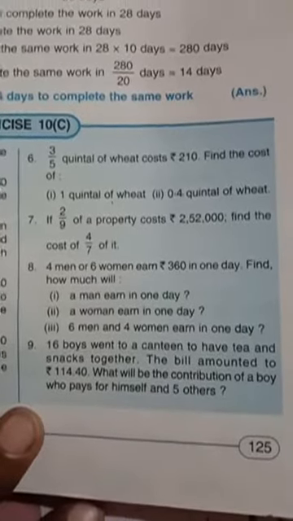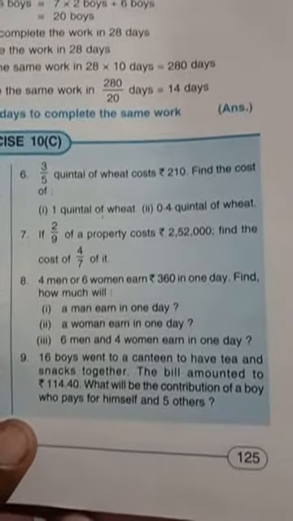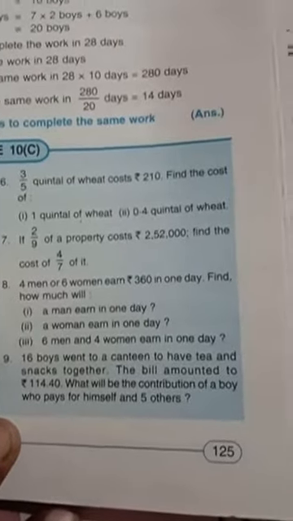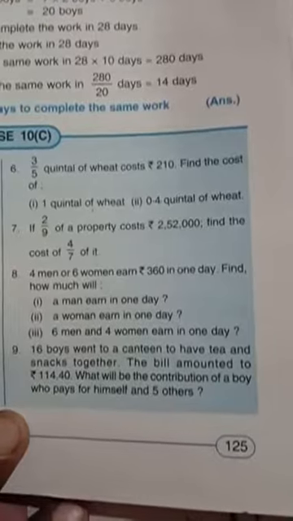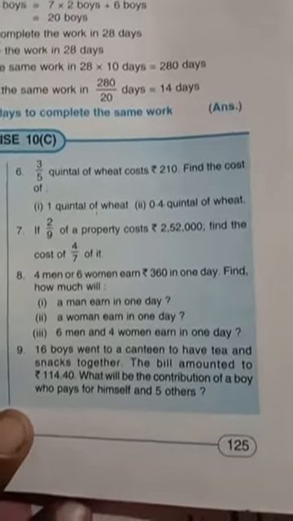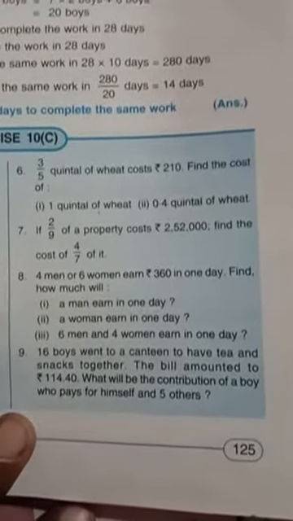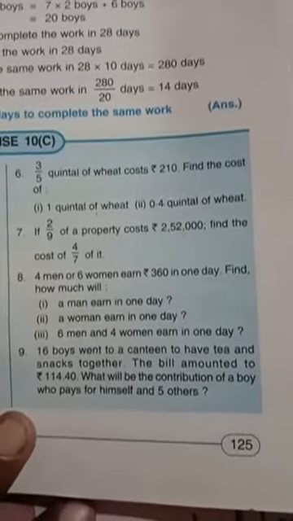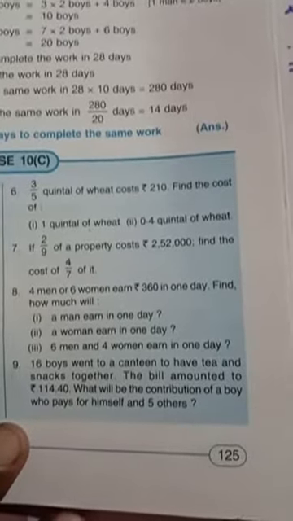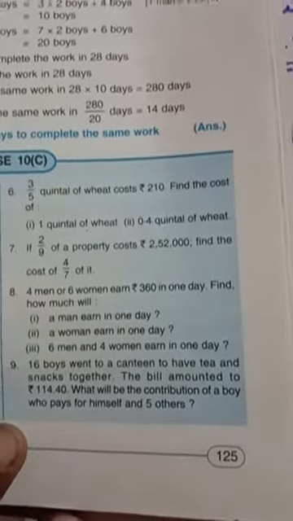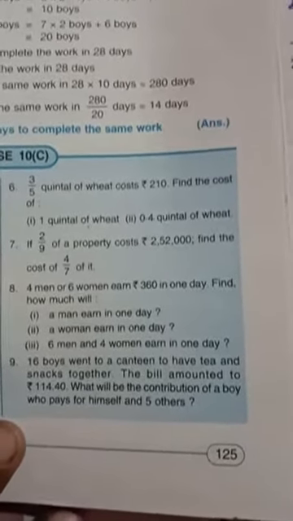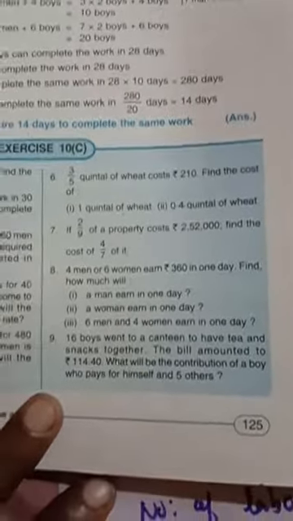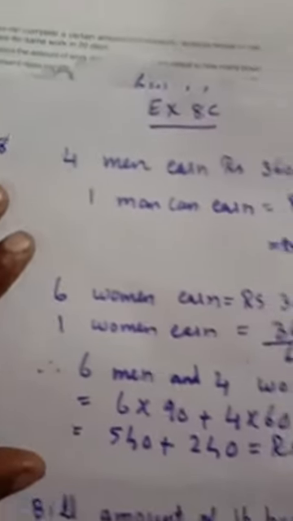Then we want to convert to either man or woman. 4 men or 6 women means 4 men can earn 360 or 6 women can earn 360 in one day. That means they are not together, either 4 men or 6 women. Okay, so here see 8th question.